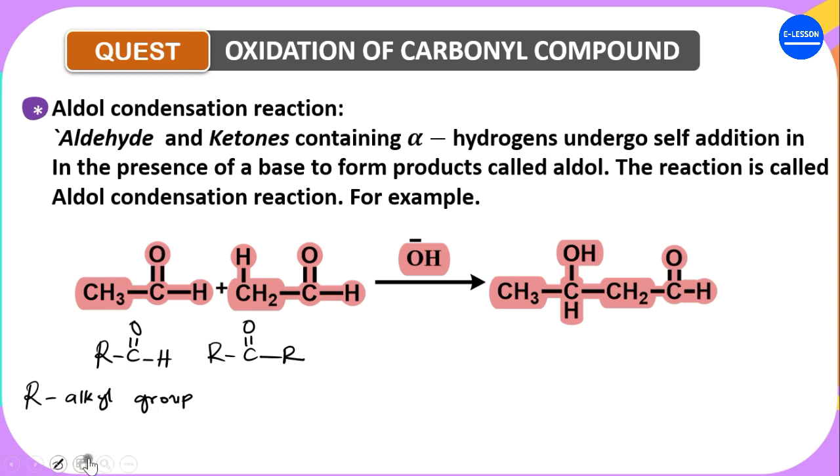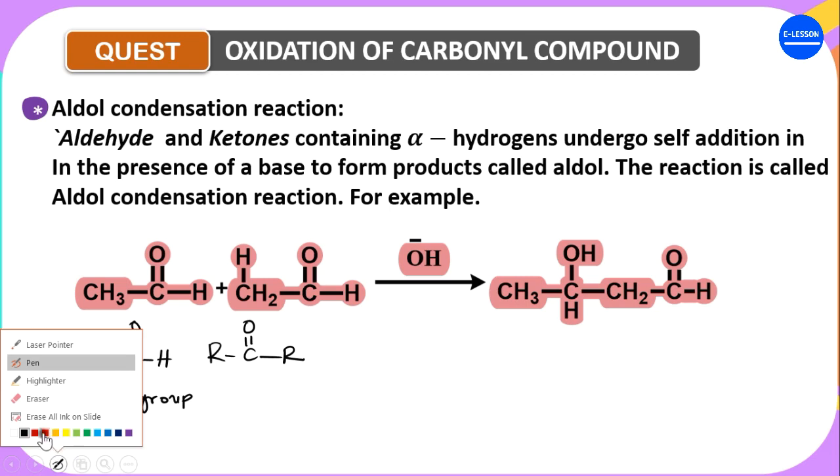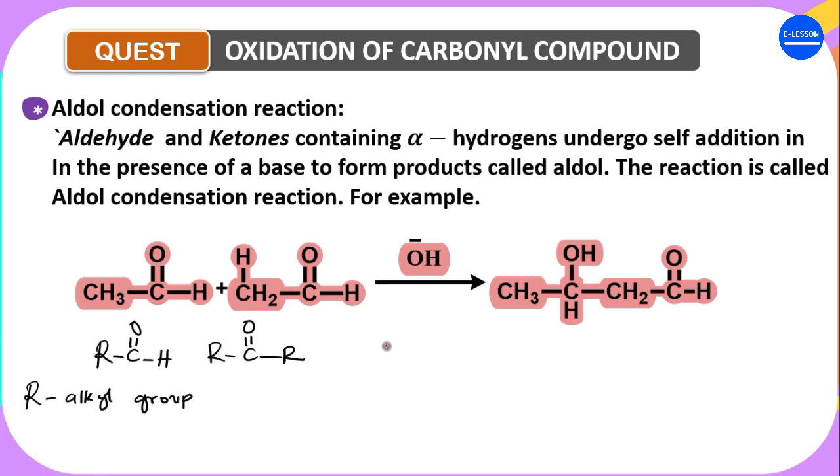Now, for instance, if a compound is given to us like this, you agree with me that this is an aldehyde. However, if I have CH3, C double bond O, CH3, this is a ketone. Are you getting it now?